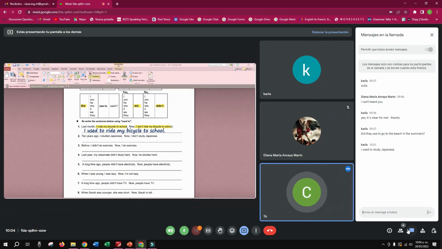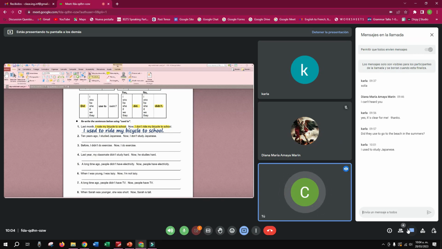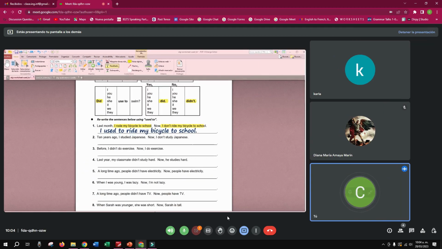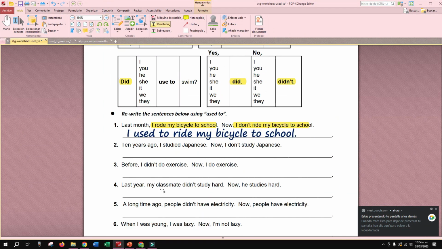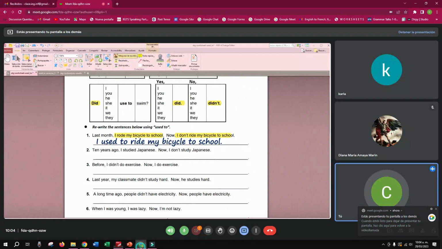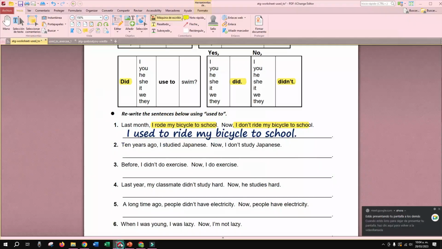Carla wrote the first one. It says, I used to study Japanese. Okay, let's check them. Ten years ago, I studied Japanese, right? So, now I don't study Japanese.